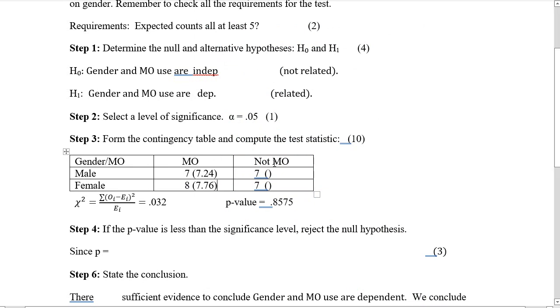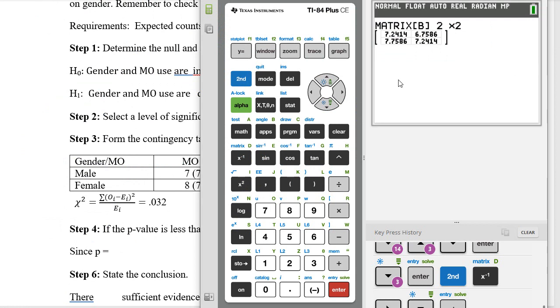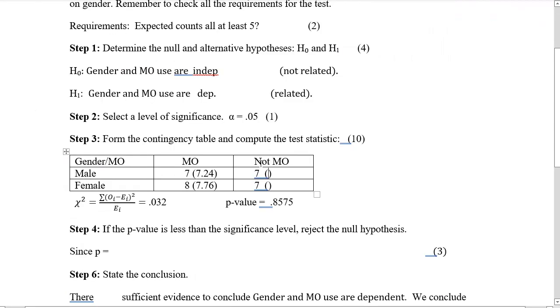And then the expected counts in the non-mobile-only, 6.76, 7.24. So do yours the same way. So count, put your observed in there, and then put your expected in parentheses beside it. So our chi-squared test statistic was 0.032.